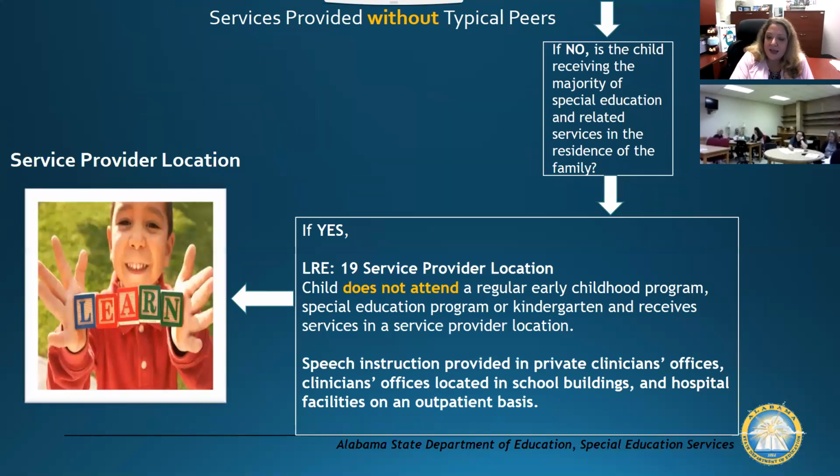No, he does not. He's going to his nearby school to receive his services, so he's coming to you guys to see you. And he does not attend a regular early childhood program. He goes to the SLP's room in the school building, so he also may be traveling to a private clinician's office or a hospital facility or some kind of clinic on an outpatient basis. The LRE code for Emil is 19, service provider location.